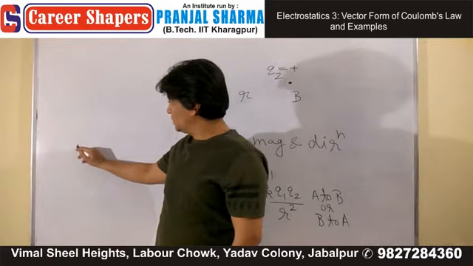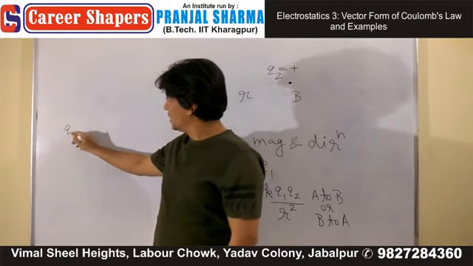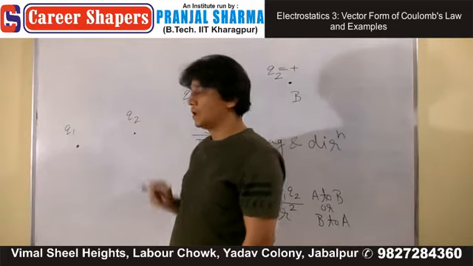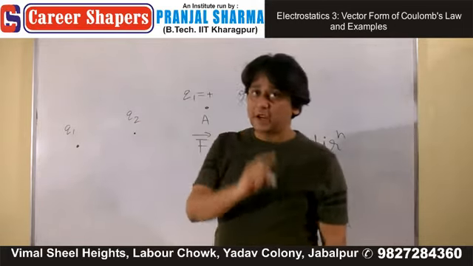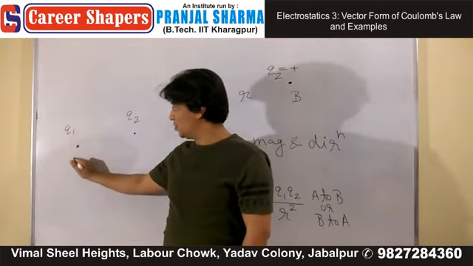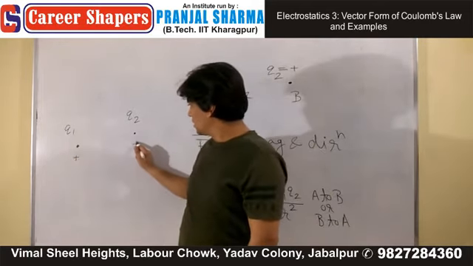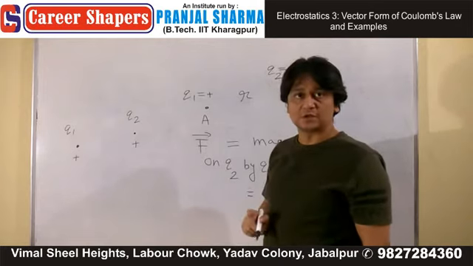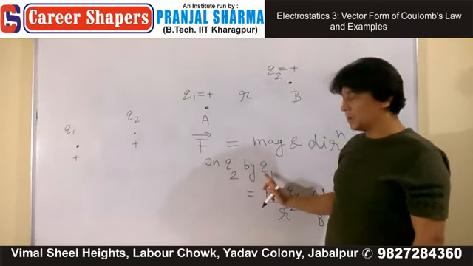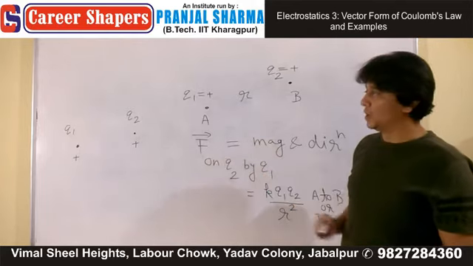We have Q1, we have Q2. The way you find direction is, first of all, remember both are positive charges. We need force on Q2 coming from Q1.